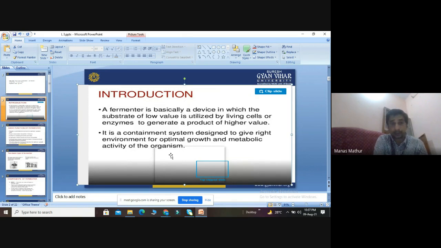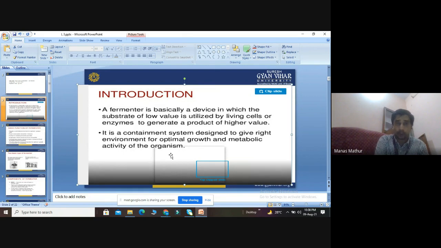So what is a fermenter? It is basically a device in which a substrate of low value, meaning very cheap raw material, is utilized by living cells or certain enzymes to generate a product of higher value.